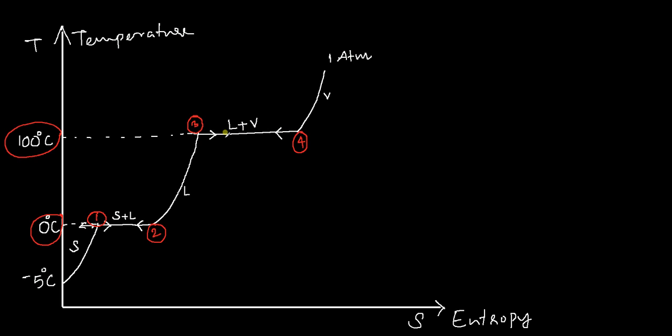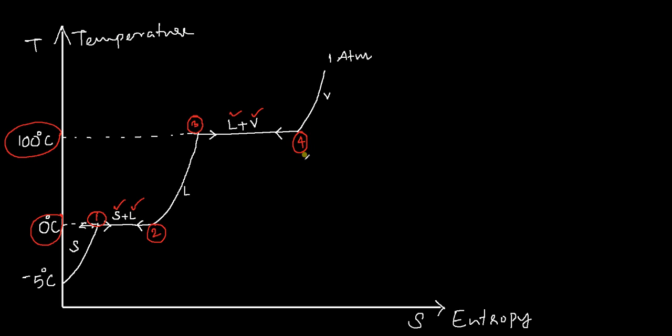So this region is the region where H2O can coexist as liquid and vapor. So this is a region where at 100 degrees C at 1 atmospheric pressure, H2O can coexist as liquid and vapor, and at 0 degrees C, H2O at 1 atmospheric pressure can coexist as solid and liquid.